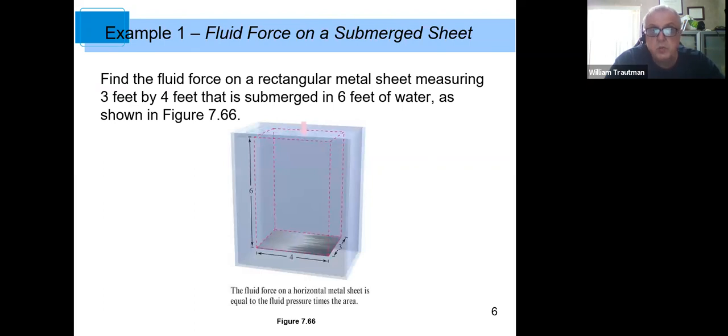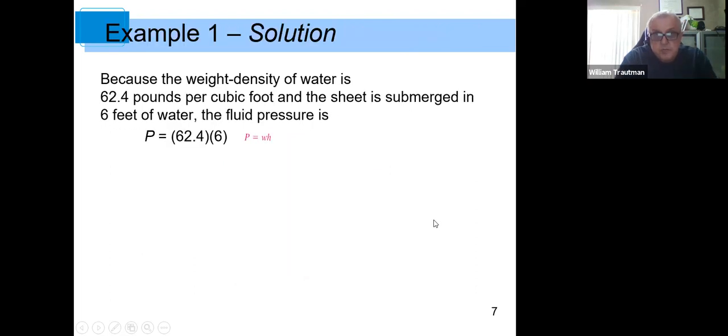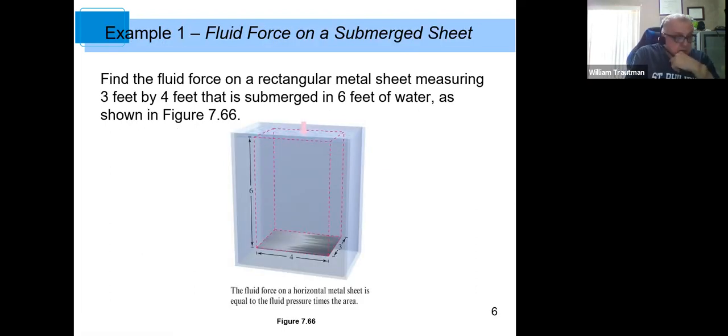Okay, so now that we have those two written down, find the fluid force for a rectangular metal sheet measuring 3 feet by 4 feet that is submerged in 6 feet of water as shown. So first of all, let's put the two formulas down that we know so far.